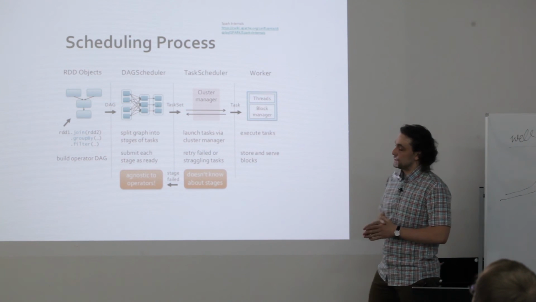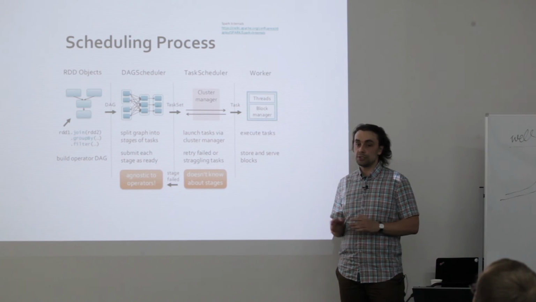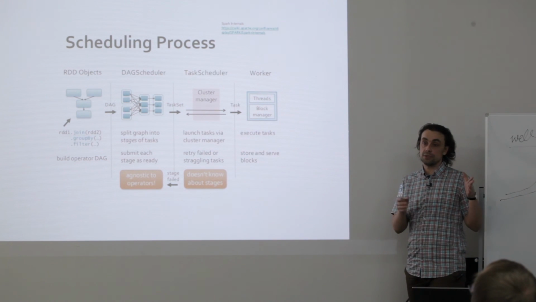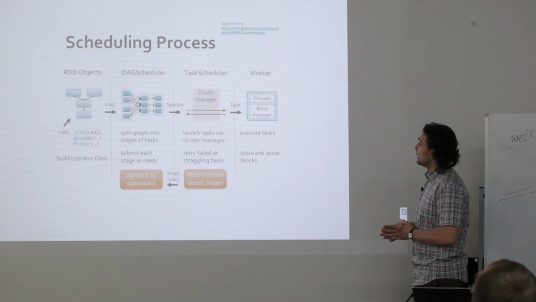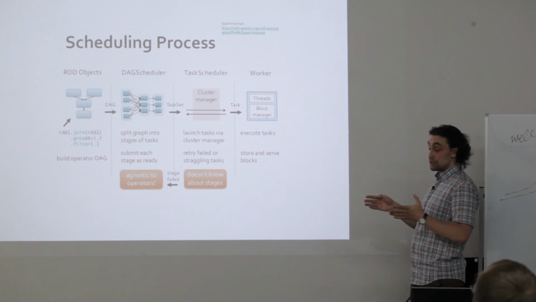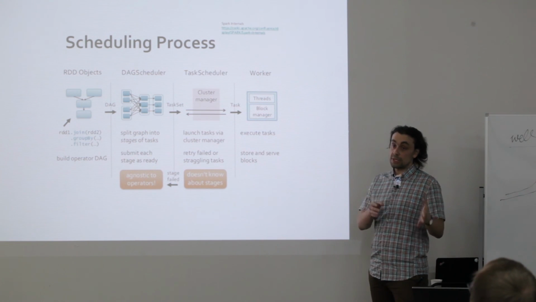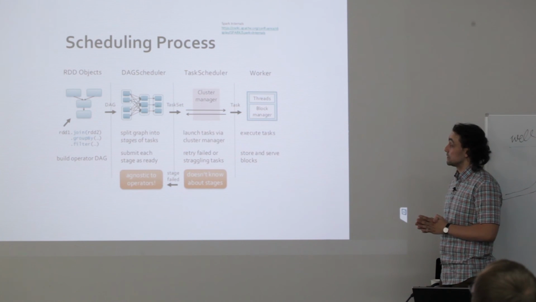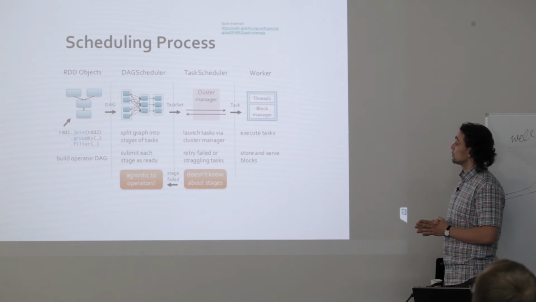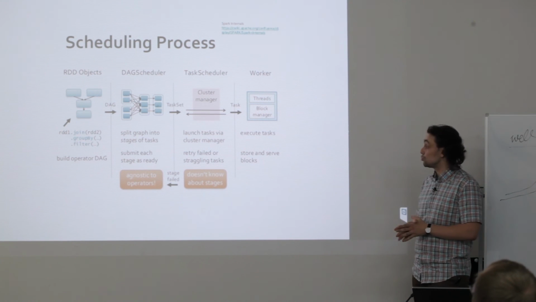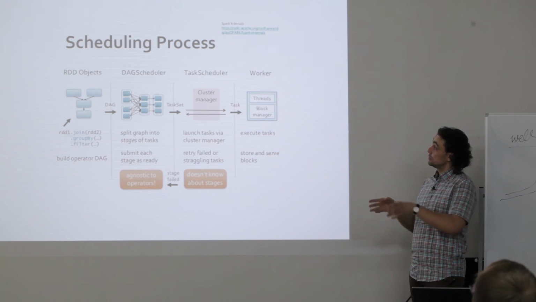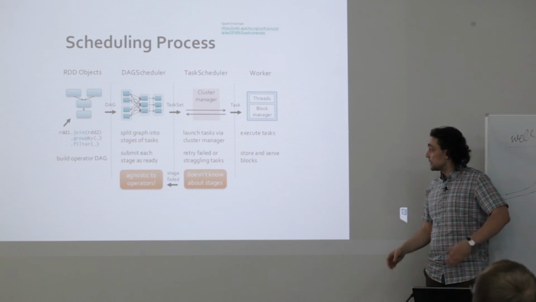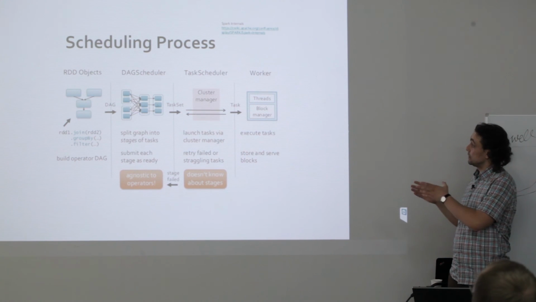Then this graph is split into a set of stages, with each stage consisting of a set of tasks. When a stage is ready, it is submitted to the task scheduler. The task scheduler, through the cluster manager, sends these tasks to the worker executors, and all the work, especially the data manipulation, is implemented at the worker.